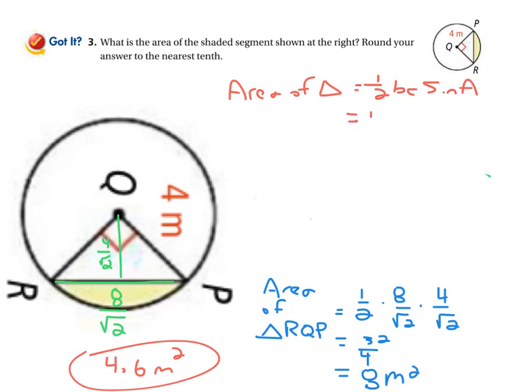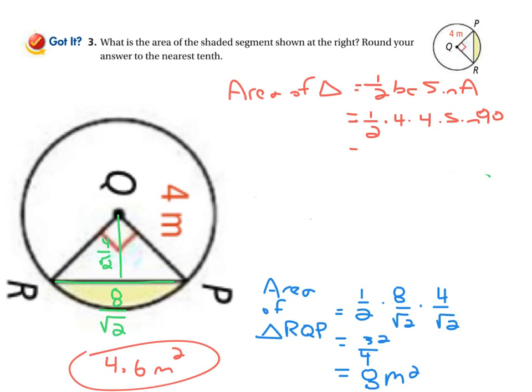And if we type in 1/2 of B, 4, times C, 4, times the sine of A, which is the sine of 90, you might not know this off the top of your head, but the sine of 90 is actually 1, and you can check that by typing it into your calculator.